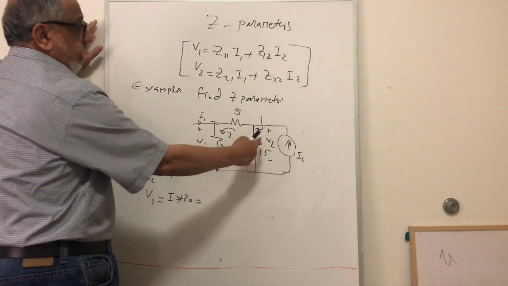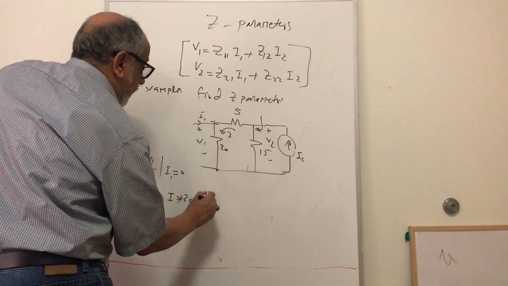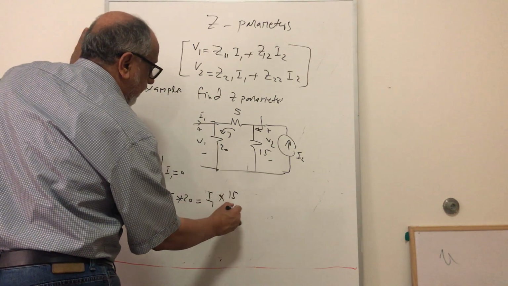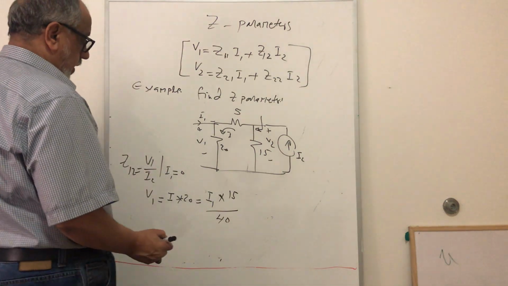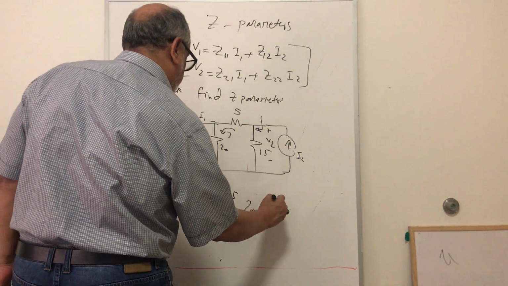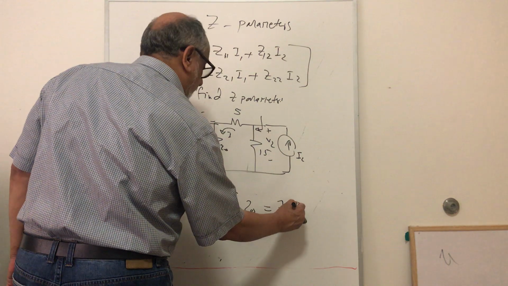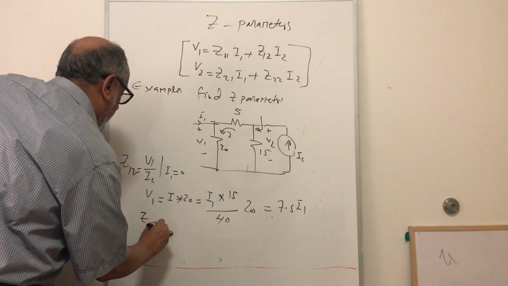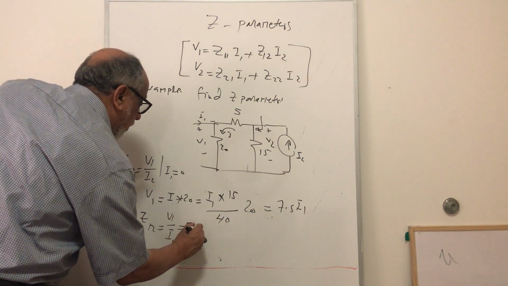But I, we can get it using the current division rule. So it is I2 times the other resistor, which is 20, divided by the sum, which is 40, right? Times 20. So this again will give me 7.5 I2. So we can say that Z12 equal to V1 over I2 equal to 7.5 ohms.